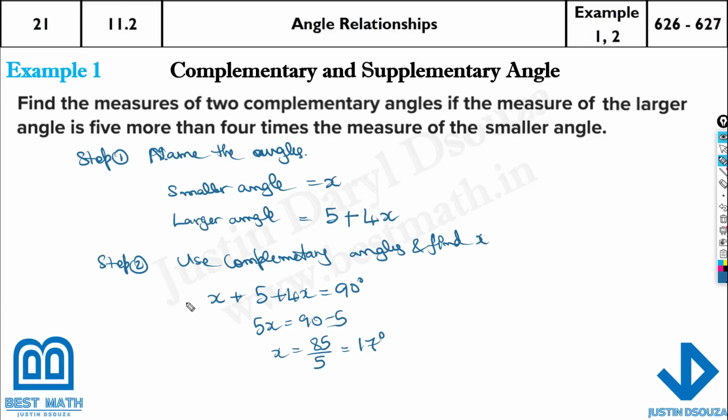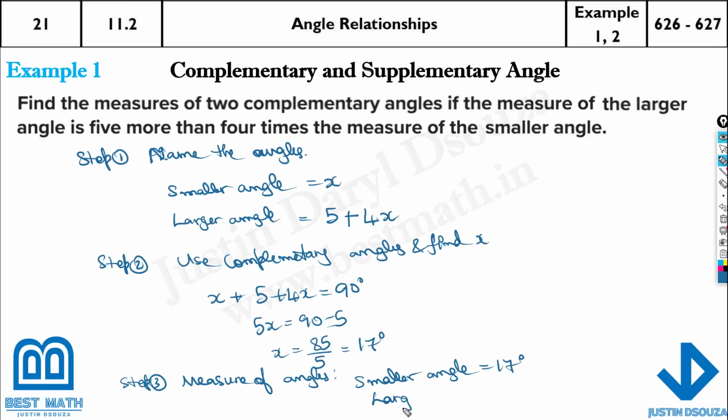So what is the other angle? Now step 3, measure of the angles. Smaller angle is equal to 17 degrees.